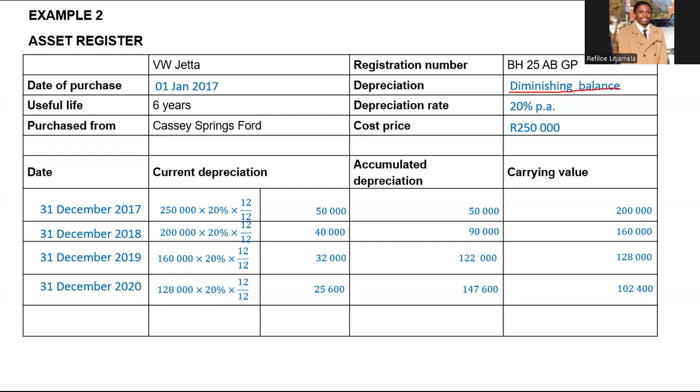For 2021, to calculate depreciation, you will take last year's carrying value of 102,400 multiplied by the depreciation rate of 20% multiplied by 12 over 12. It will give you depreciation for the current year, which is 2021, that is the current financial year, amounting to 20,480, meaning that accumulated depreciation will be 20,480 plus 147,600.